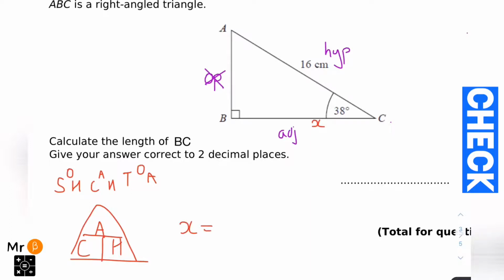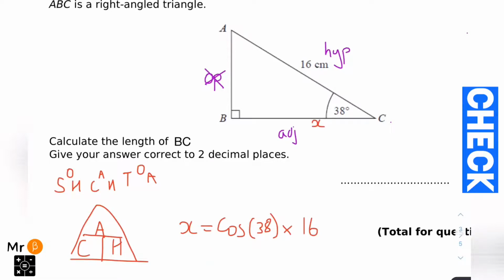So this time it's asked us to work out our adjacent side. So we're going to cover up the letter A in our triangle. That tells us the formula must be cos of the angle 38 times by the hypotenuse length. So cos 38 times by 16.